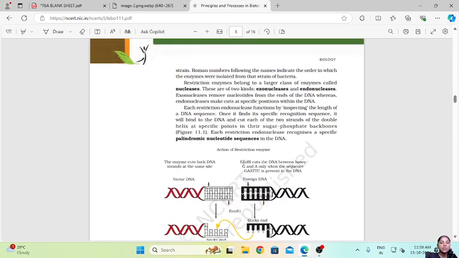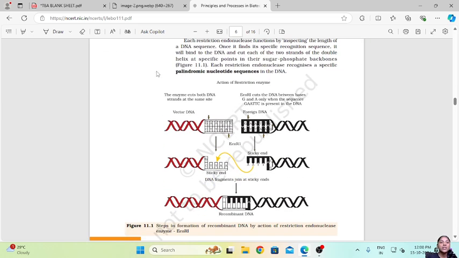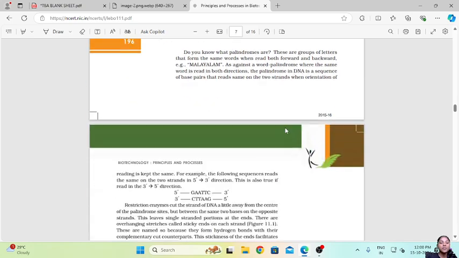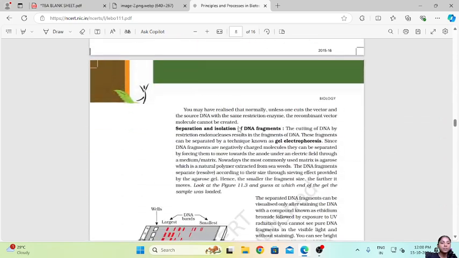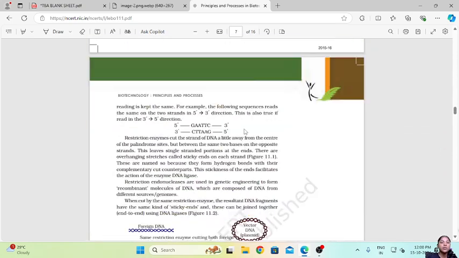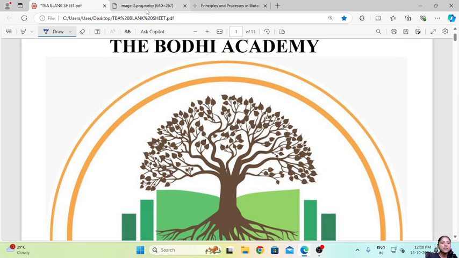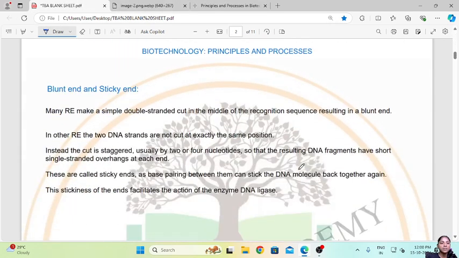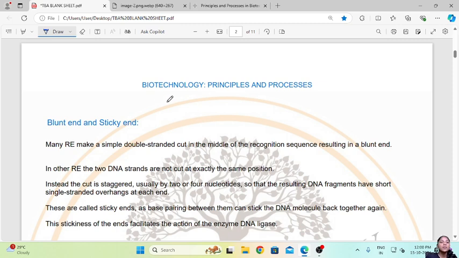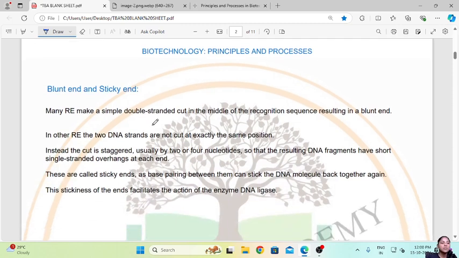In the last video, we have seen exonucleases and endonucleases. Then we have learned what are palindromes or palindromic sequence. Now in today's video, we are going to learn about the sticky ends and the blunt ends. So let us begin. Biotechnology, principles and processes, blunt end and sticky ends.